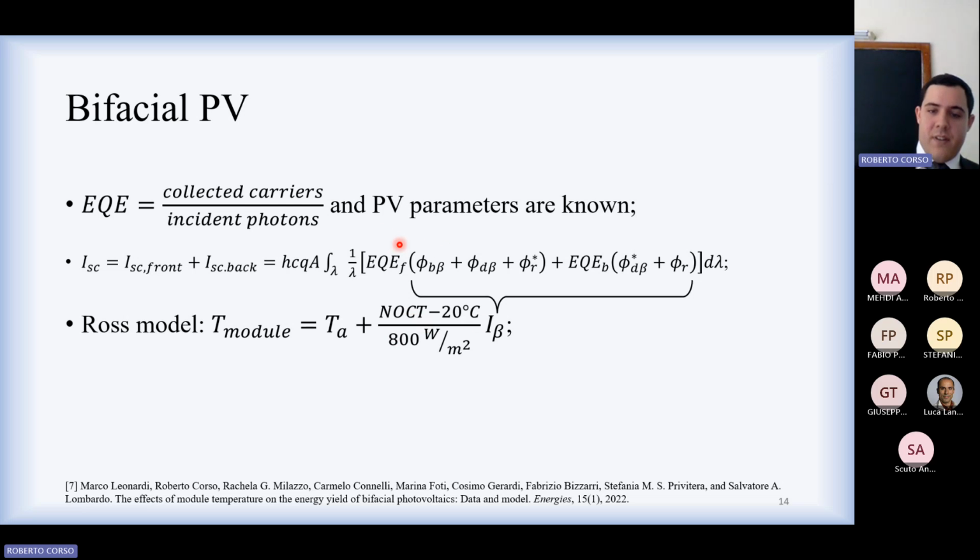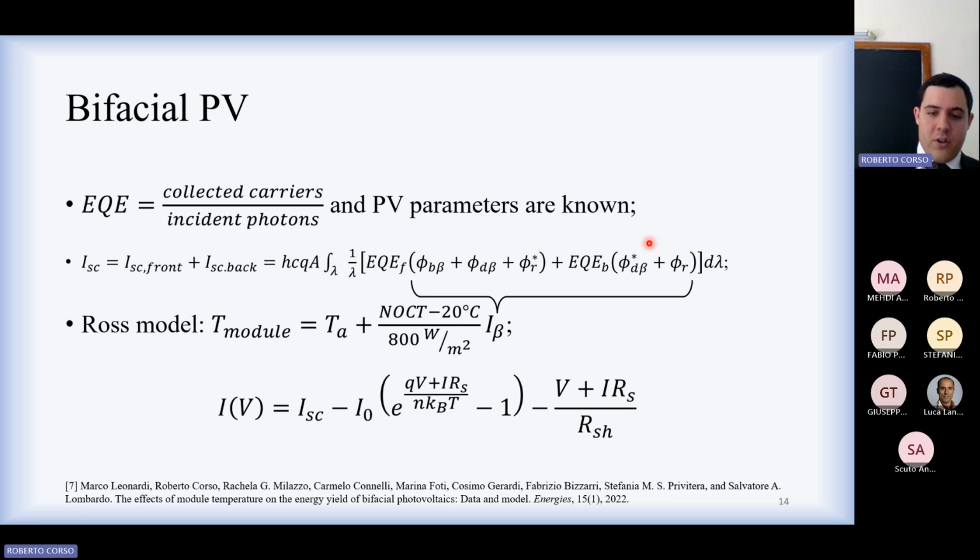So here we have the sum of all the irradiance incident on the module, and this is the reason why, as we said before, bifacial modules tend to have a higher temperature, because we have all these additional components that are blocked by the backsheet in a monofacial system.